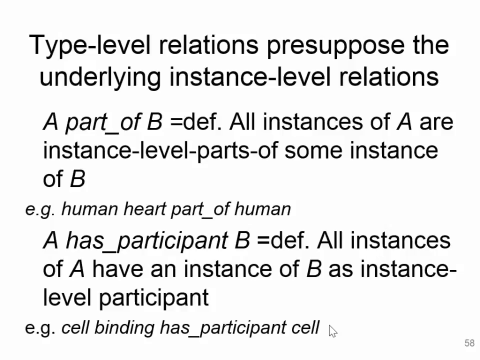The second problem with assertions like this, so human heart part of human, is that it's not universally true. There are human hearts which are not parts of humans because they're in freezers or they're on the battlefield lying around. And for this reason, we need to understand how we're going to deal with what is called the canonical.